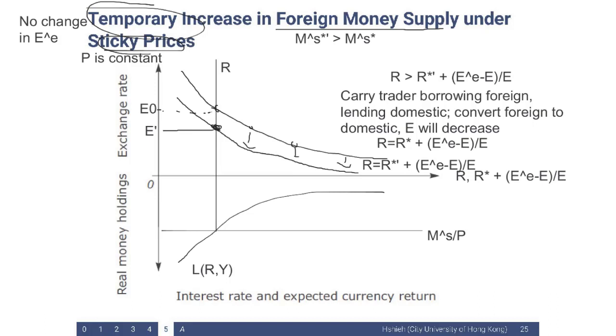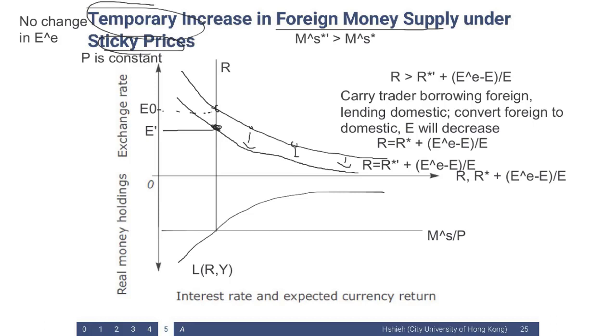So let me just draw quickly the starting equilibrium: R, and MS over P, and then we have E hat E over E. Okay.